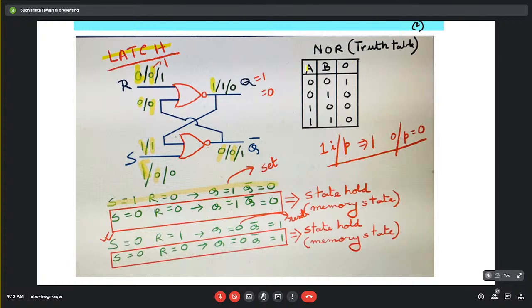Notice carefully, in case of a NOR gate, if any one of the inputs is 1, the output is inevitably 0.